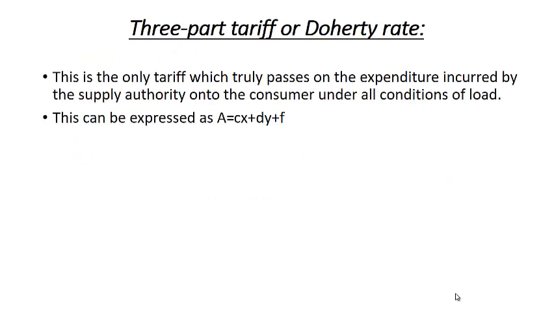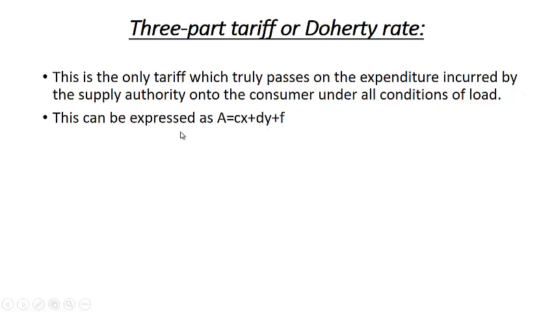Now one more is the three-part tariff, or the royalty rate. This is also used for large industries. For them, this is the only tariff which exactly gets the expenditure incurred by the supply authority on the consumer under all conditions of the load.